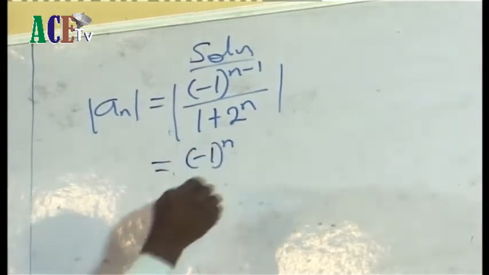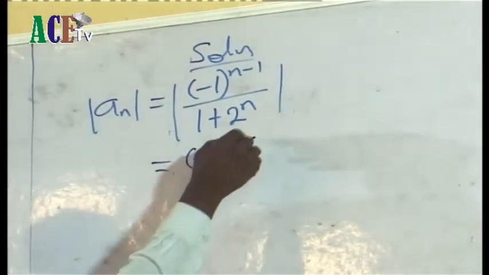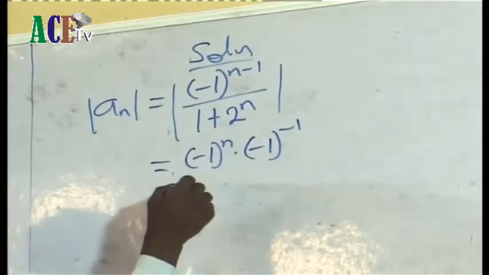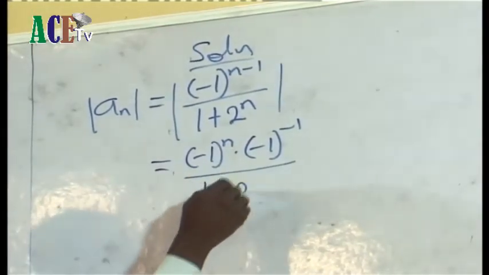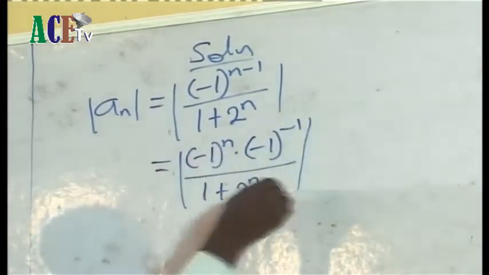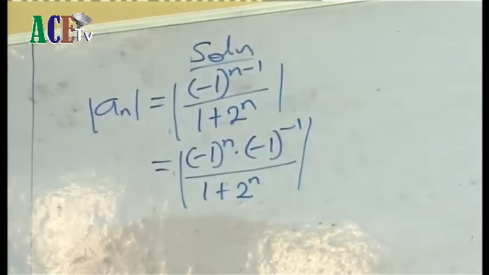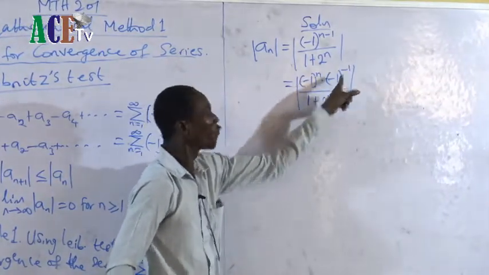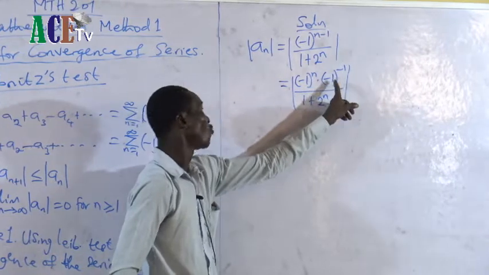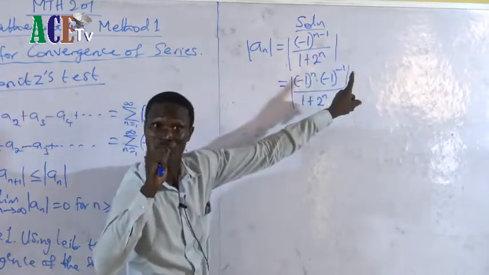(-1)^n multiplied by (-1)^(-1), divided by 1 + 2^n, in the absolute value. But don't forget, from this, this one will be equal to 1. Forget about negative 1 or something. 1 raised to power minus 1 is 1.